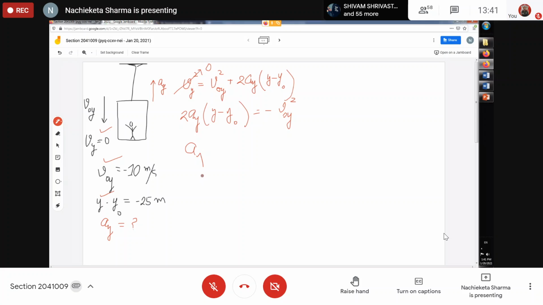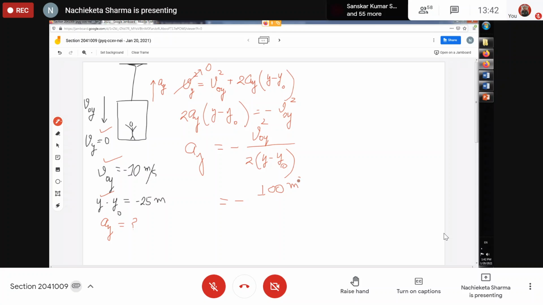My ay will be minus v naught y square divided by 2 into y minus y naught. I know my v naught y, it is minus 10, so minus 10 square will be 100 meter square per second square, and there is the minus sign. So I write minus 100 meter square by second square in the numerator.